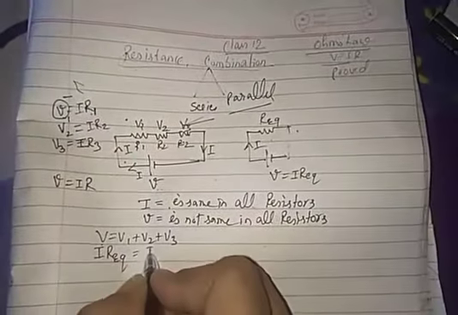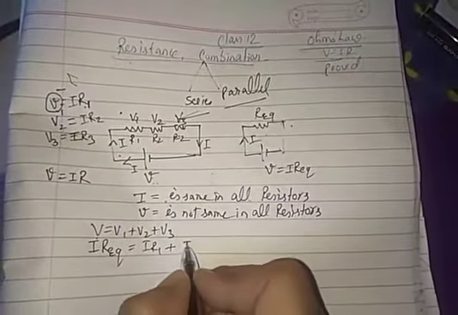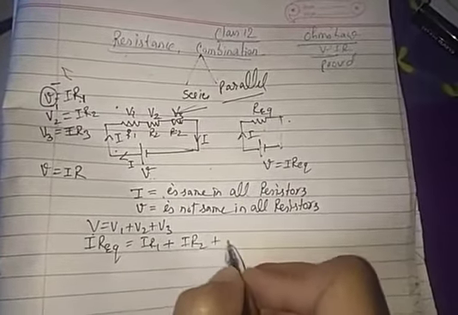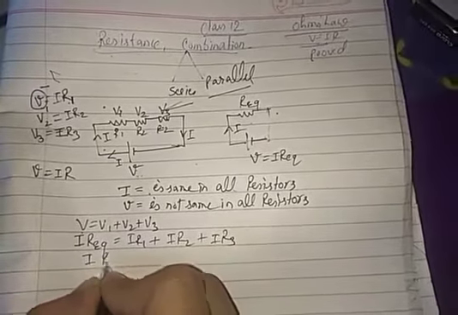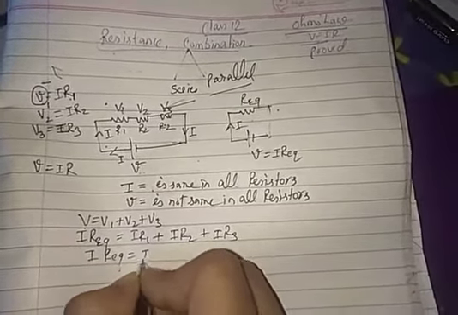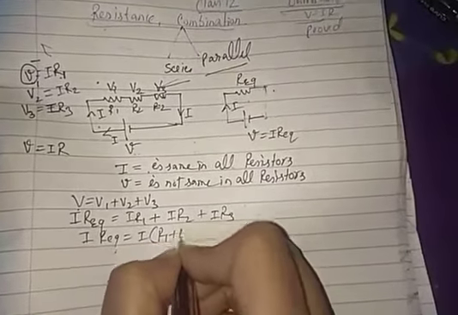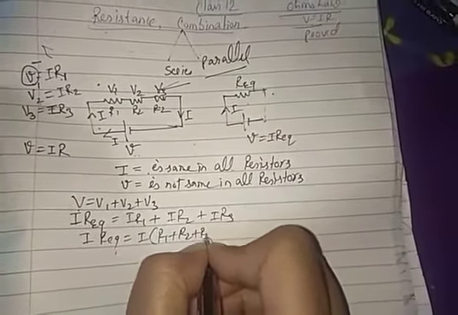Instead of V1, I can write IR1, and instead of V2, IR2. I taught you this derivation in class 10th also. So for Req, taking I common, it becomes R1 plus R2 plus R3.